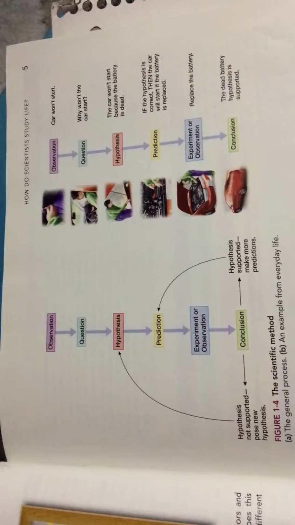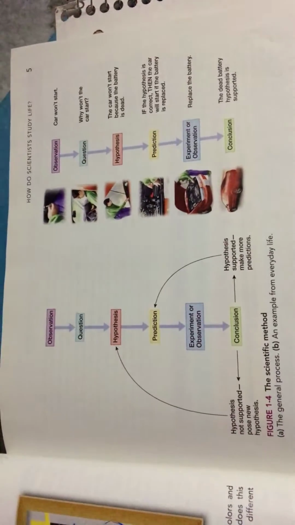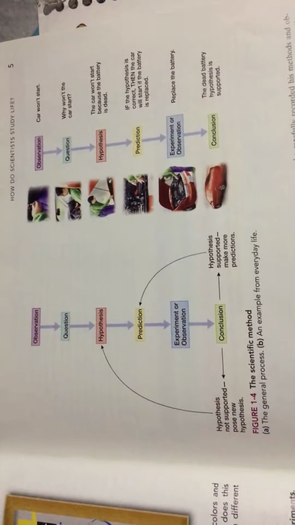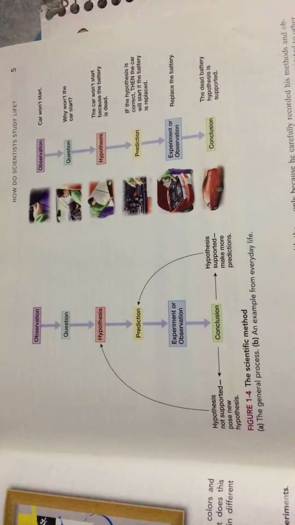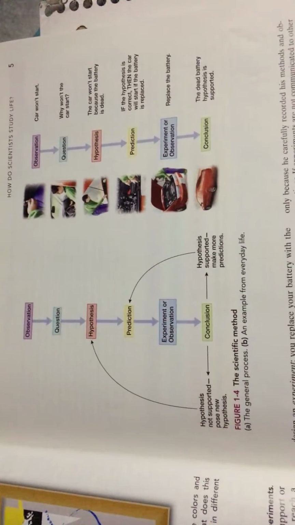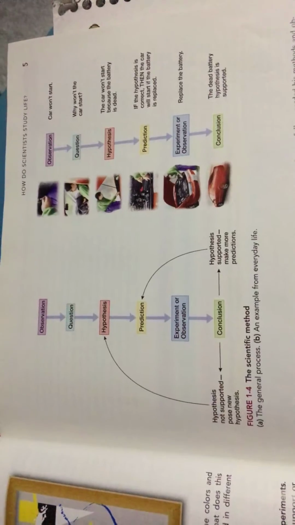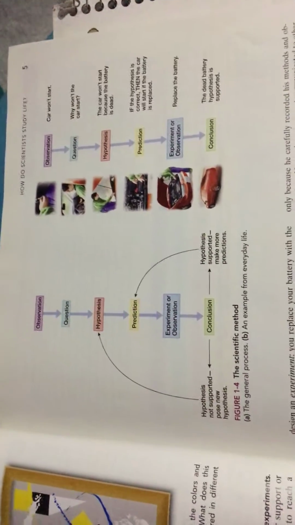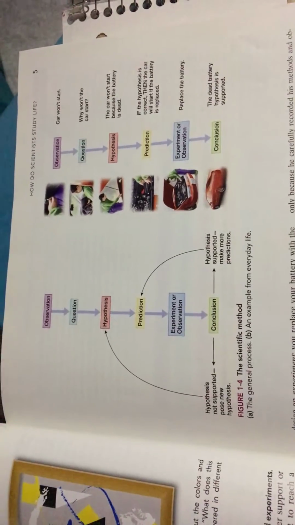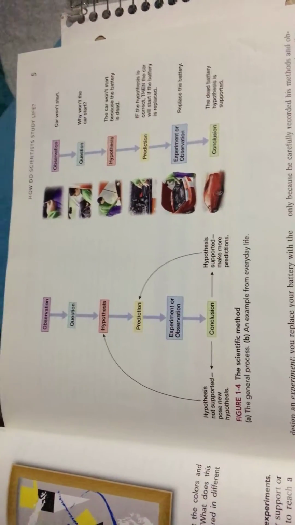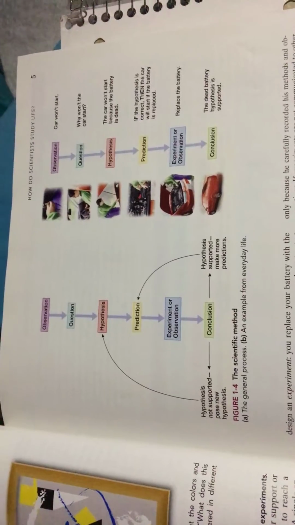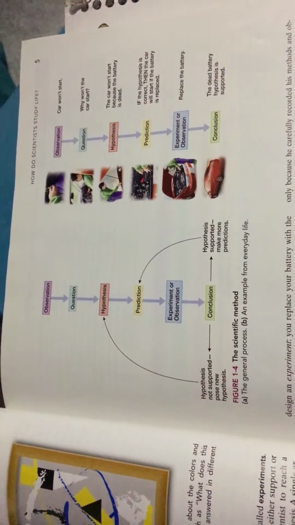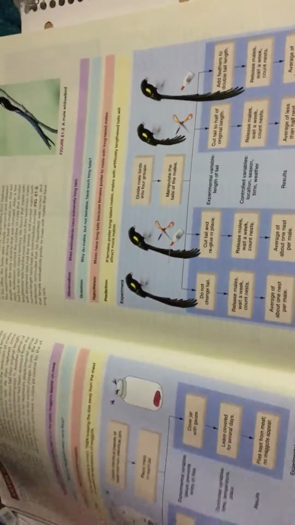There's an observation that's made, which forms a question, then a theory, which is also known as a hypothesis. That forms a prediction, which is then tested on, and a conclusion is made. And if further testing is done, or a theory needs to be revised, that is done, and more observations and experiments are done. Pretty simple. It's done all the time.